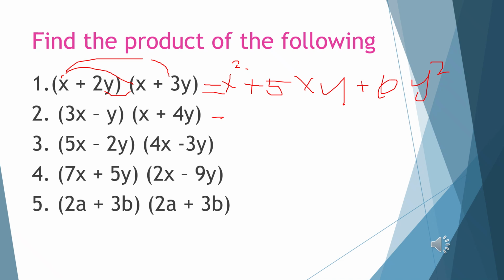Okay, number 2, we got 3 times x, that's 3x squared, plus 3x times 4y is 12xy, minus 1xy, that's 11xy, minus negative y times 4y is 4y squared.